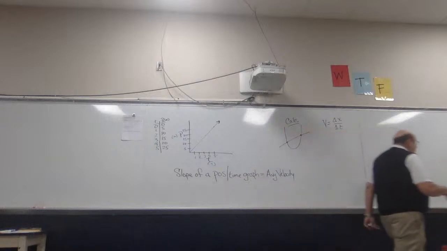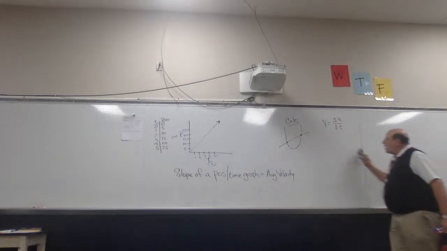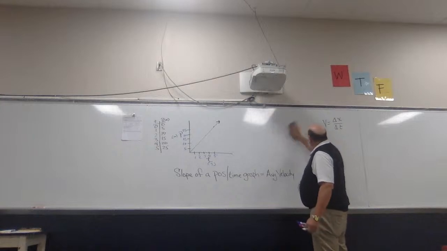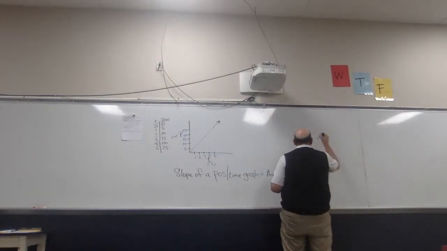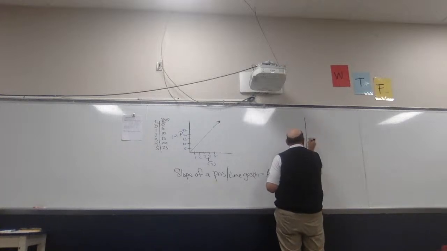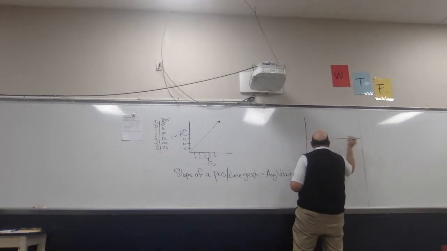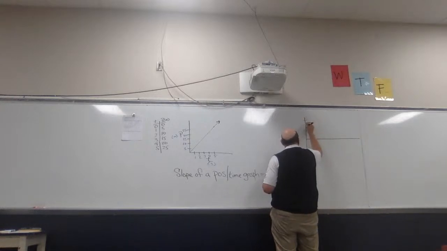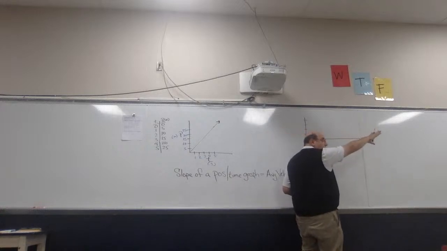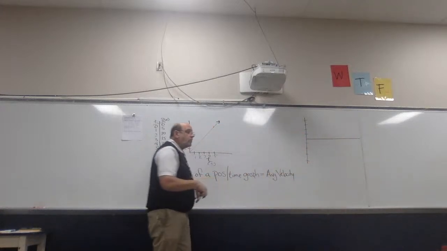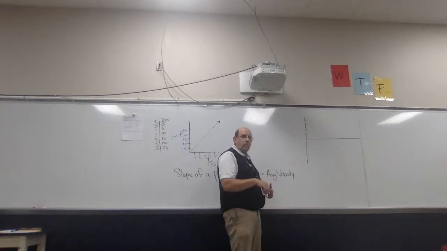I'm also going to have a position time graph that looks like this. Direction. Time is always positive, of course. Can you have negative time? You cannot go backward in time.